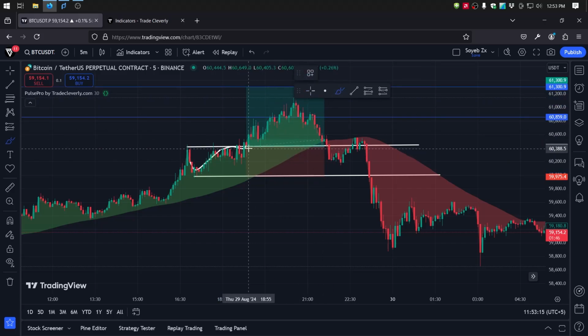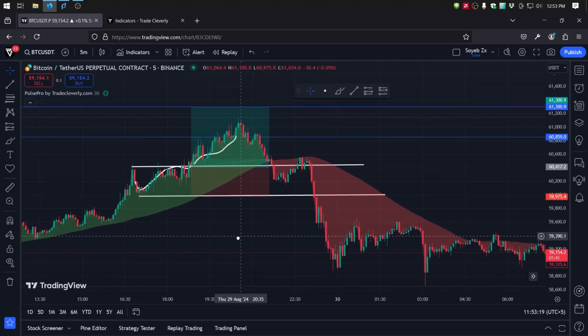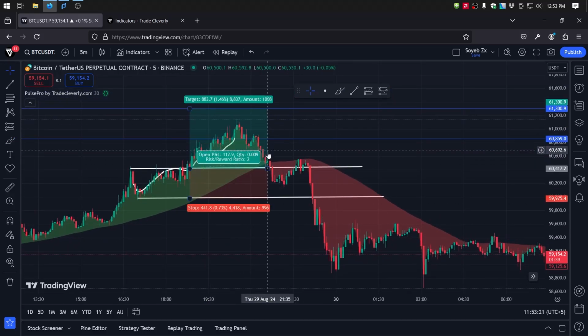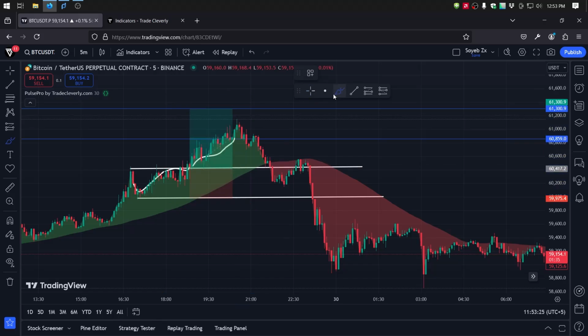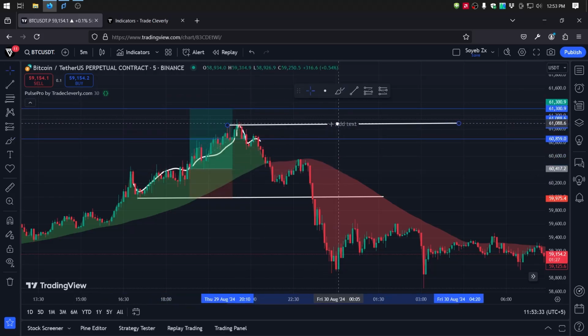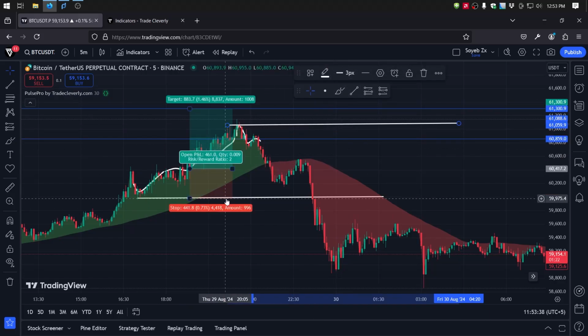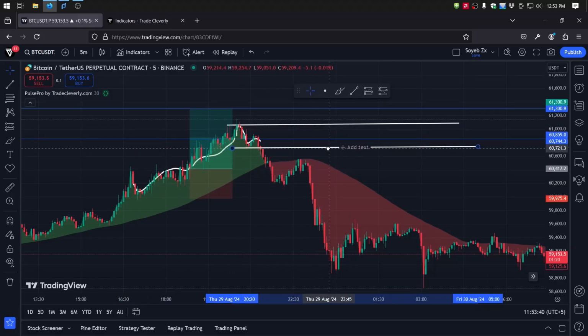After that you can see the price is successfully hitting our profit target 1. Then in here you can see the price again goes up and creates a new swing high. So I simply change the swing high to here and making another swing low.